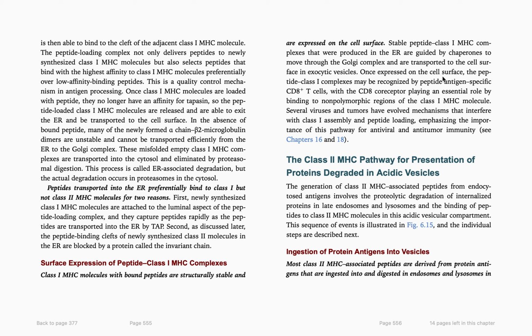Once expressed on the cell surface, the peptide class 1 complex may be recognized by peptide antigen specific CD8 T cells, with the CD8 co-receptor playing an essential role by binding to a non-polymorphic region of the class 1 MHC molecule.